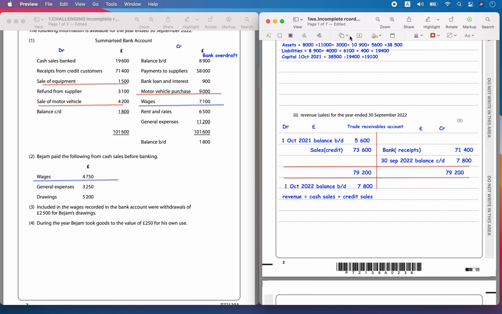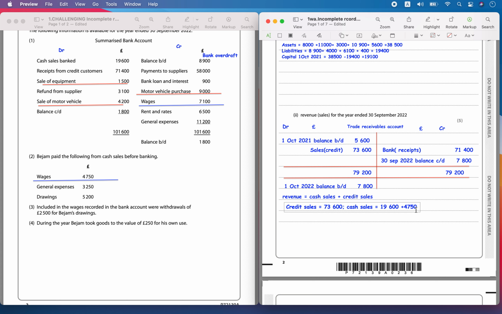Now let's calculate what the cash sales were. Credit sales is equal to 73,600. Now we have to calculate cash sales. We know that the cash sales was banked after paying wages, general expenses and drawing. So these also should have been a part of the total cash sales. This was the final cash sales that was banked, but before that they had paid even 4750.